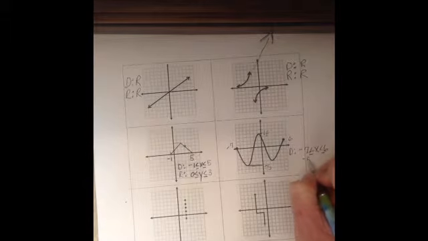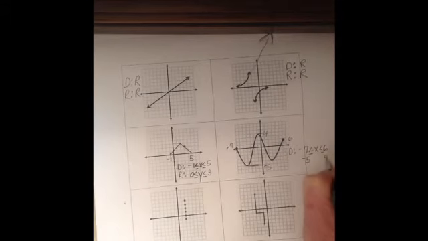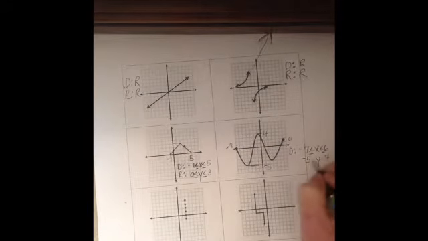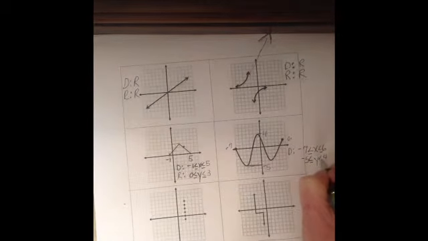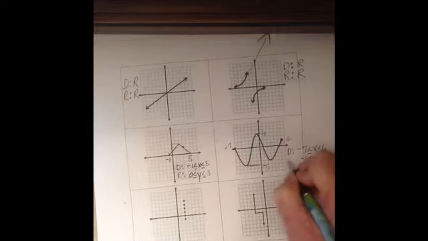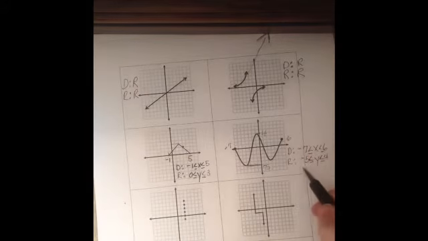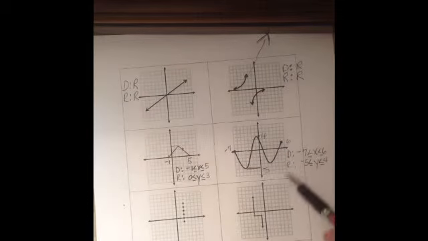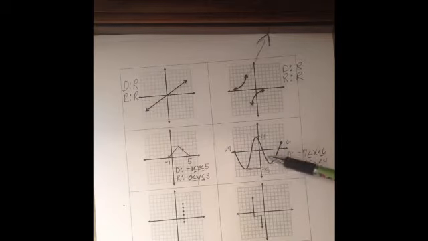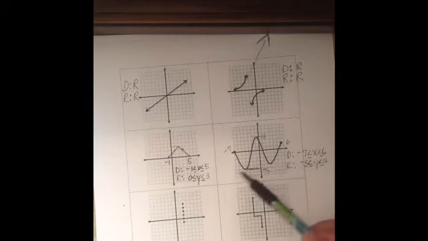You always go from bottom to top. Y is in between. And it eats the bigger number. So my range is negative 5 less than or equal to y less than or equal to 4. And think what you're saying. You're saying that any point on this graph is going to fall between those numbers. And if you look at that, that is true.